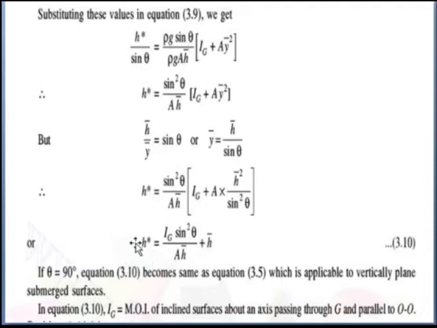We can also write this term as h star is equal to I G sin square theta upon A h bar plus h bar. Here I G is the moment of inertia of the inclined surface about an axis passing through G and parallel to the axis OO.